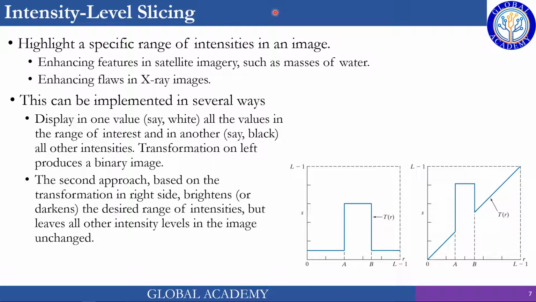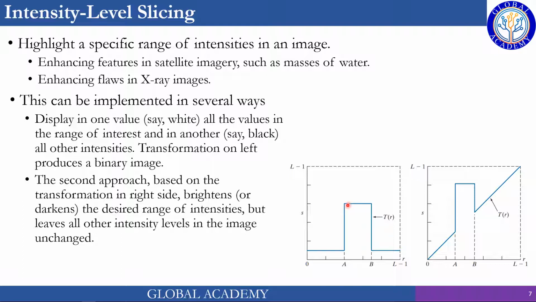First, let us know how we can implement these transformations. There are two ways in general. First, and the simplest one, is to assign a fixed range of grayscale, say, to a value 255, and the rest of the grayscales to some other value, say 0.